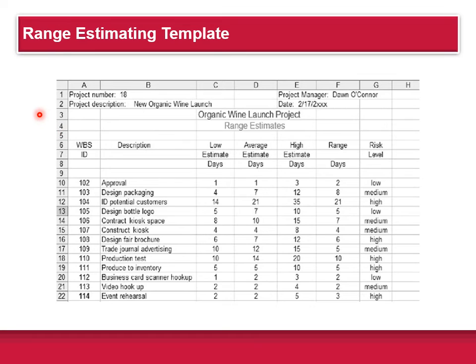To provide an example of range estimating, our book gives this example for an organic wine launch project. Here you can see the WBS numbers in the left column, and a description of what each one is. So 102 is the approval, 103 is the design packaging, and in each case they give a low estimate, an average estimate, and a high estimate for the number of days to complete.